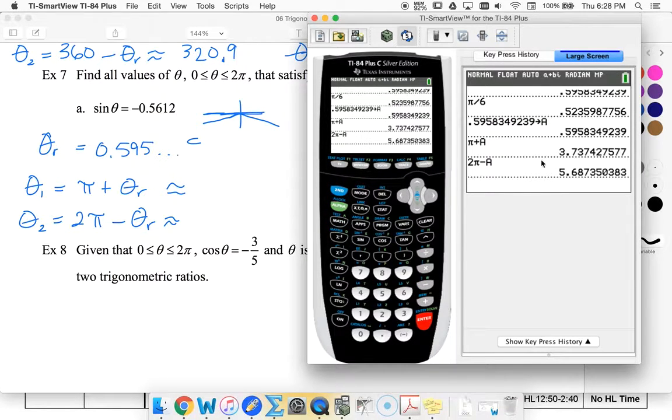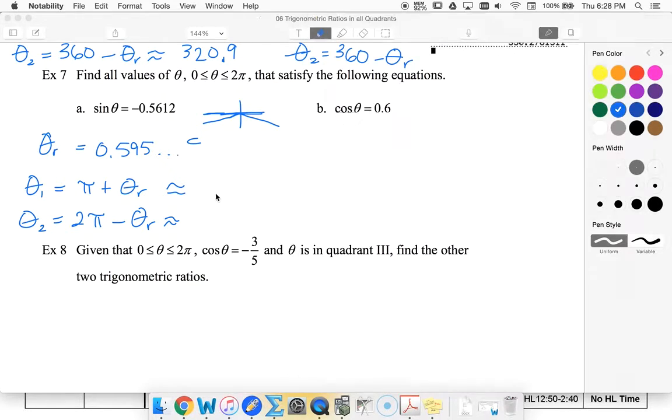All right, so these are the values I want, 3.74 and 5.69 radians. I said that this was going to be bigger than pi, and it is, and less than 2 pi. All right, I'm going to try this again.